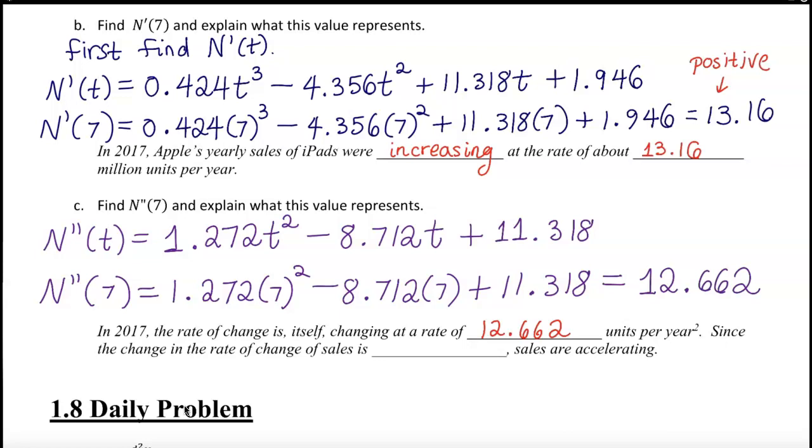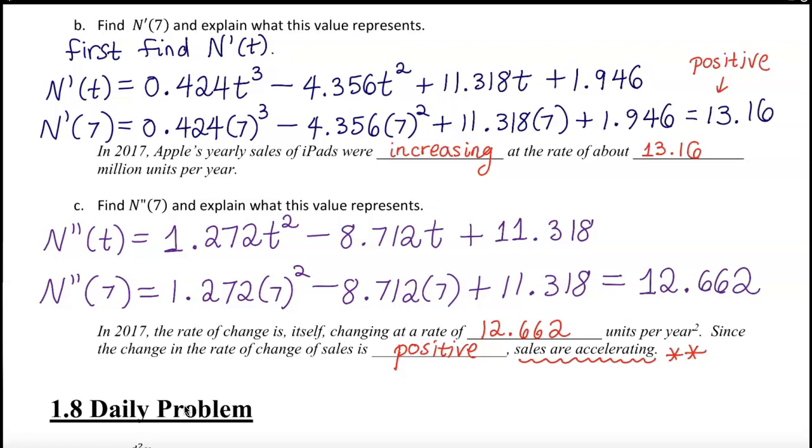Since the rate of change of the sale is positive, since the second derivative is positive, the sales are accelerating. So this last sentence is really what it means. Apple's iPad sales were accelerating in 2017, and that rate of acceleration was 12.662 million iPads per year squared.